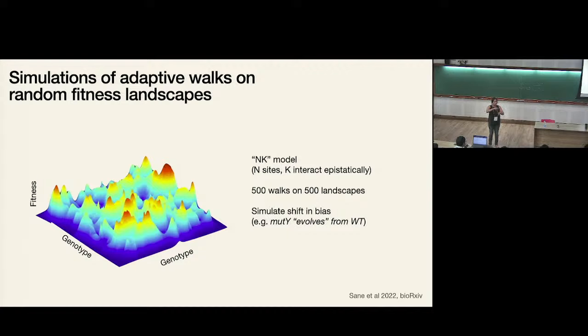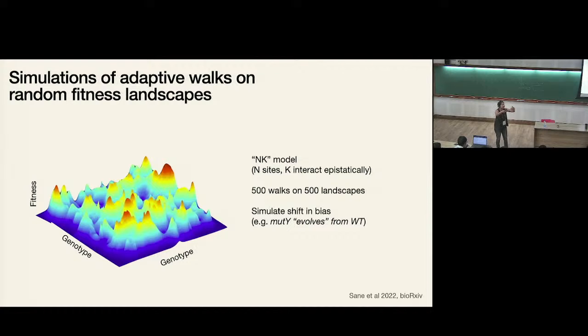You can construct a DFE because you have that fake landscape. So if I sample some 300 mutations that I can access in a single step, what is the DFE of those mutations?